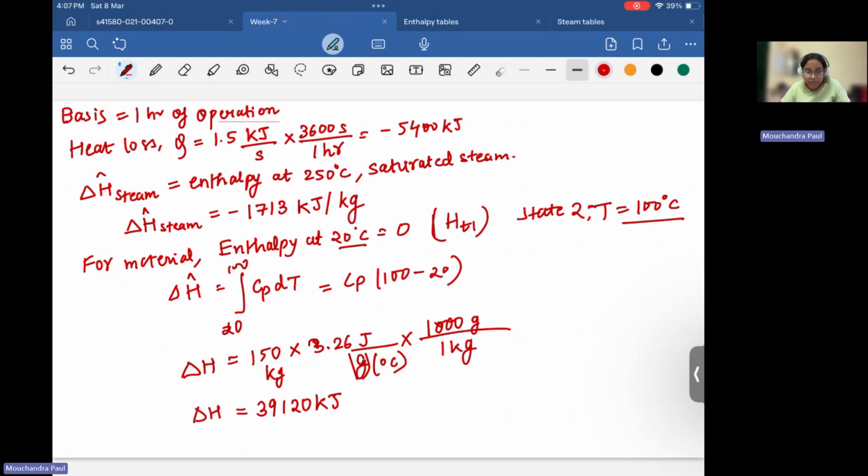This 1000 multiple I have combined with joule and written it as kilojoule. This is for the material. This is the net change in enthalpy due to rise in temperature of the material. That is, the total mass of the material is 150 kgs. For that, it is the enthalpy.